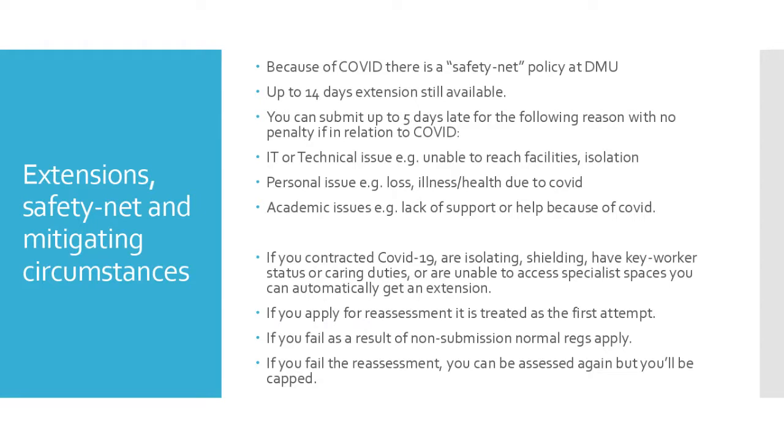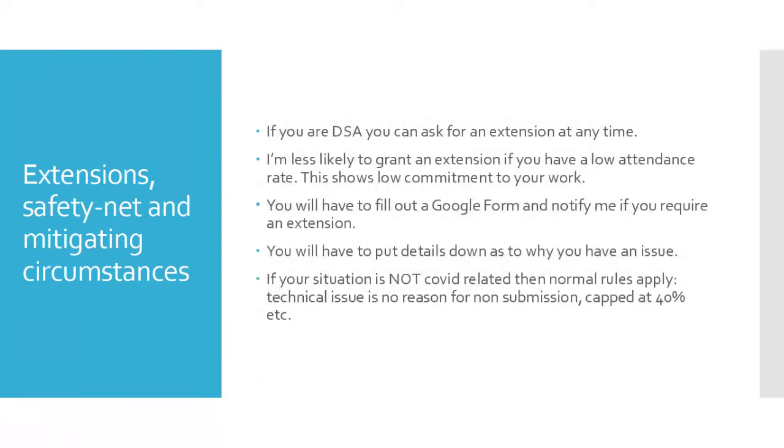So what that means is, if you want to be assessed again because you had COVID-related circumstances, it'll be treated as your first attempt. But if you fail as normal and you're a non-submission, then the normal regulations apply and you will be capped at 40%. If you fail the reassessment, you can be assessed again, but your second reassessment will be capped like normal.